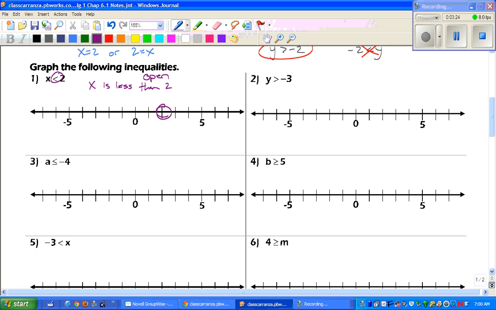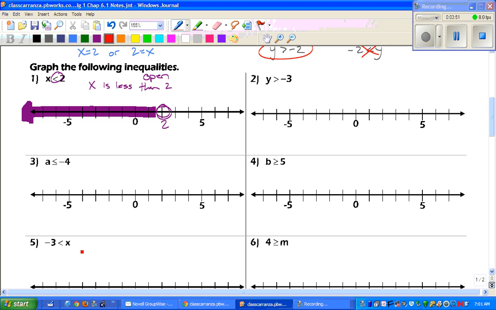There's 2. I want to know all the numbers that could be less than that, and those can be all of those. Because it can be any number less than 2. It can be 1/2, it can be -7, it could be -256. You don't know where it is. So that's why we're shading everything to the left. Okay? Let's look at the next one.